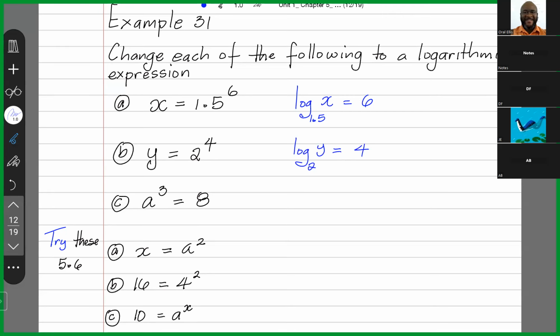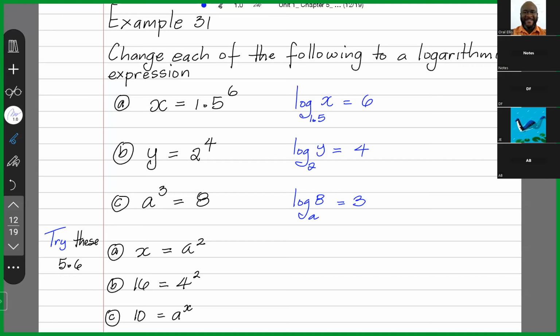At c, the number 8 is equal to the base a raised to the power of 3. In log form, it's the log of the number 8 to the base a is equal to the power 3.